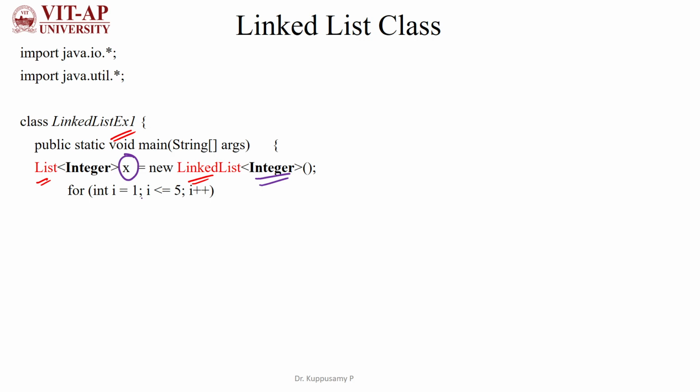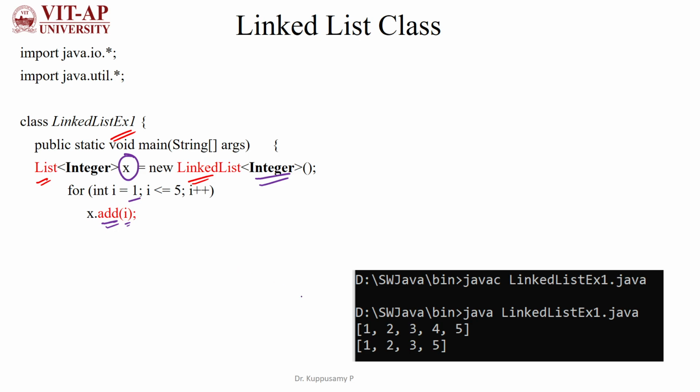I am going to create the elements by adding one by one, so 1 is added here, then I is incremented, second one, 2 less than or equal to 5, so 2 is added, then third one, 3 less than or equal to 5.